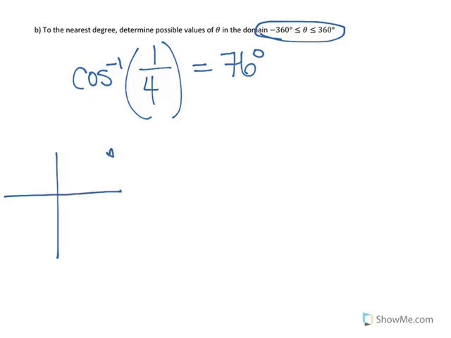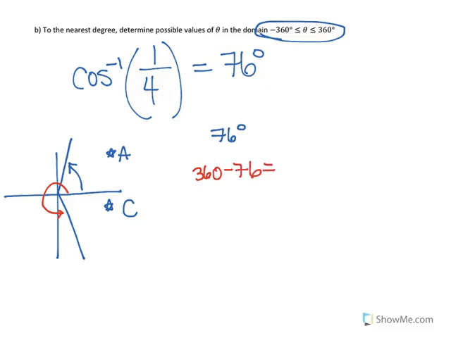So we know that it can be in this quadrant and it can be in this quadrant because cos is positive here and they're all positive here. So one of our solutions is 76 degrees. The other solution would be from here to here, which would be 360 subtract 76, which would be 284.